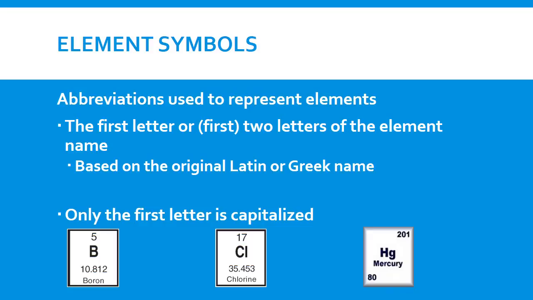So for example, if we look at boron, only the B, first letter only. We look at chlorine, we use two letters, not necessarily the first two, but we use two letters from it. And mercury, Hg, which is based on its original name. But notice here, both in mercury and chlorine, only the first letter is capitalized and the second letter is lowercase.